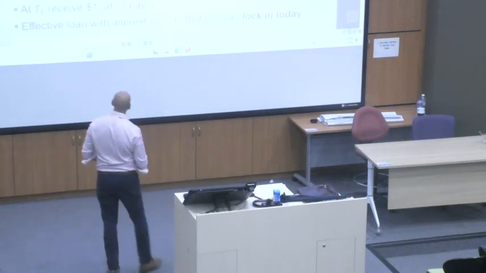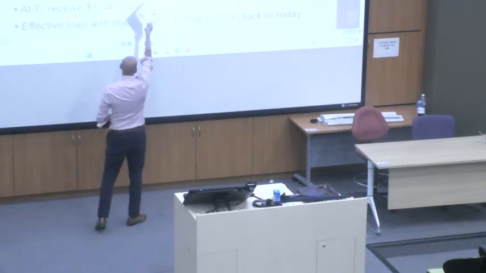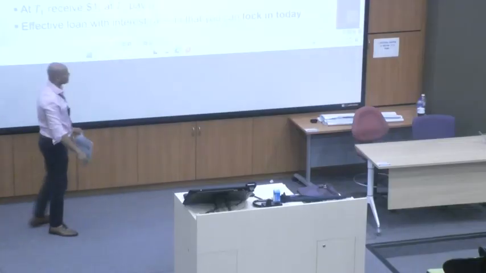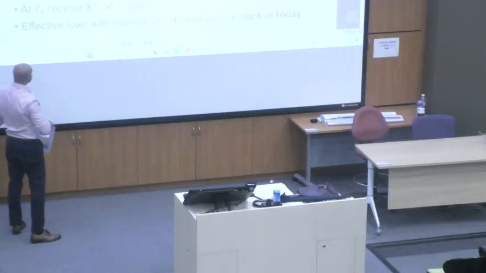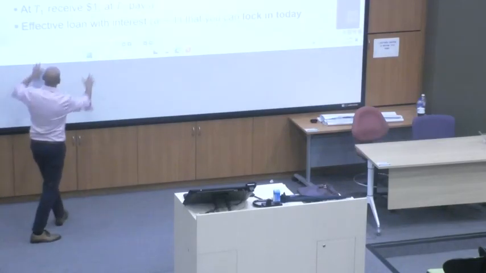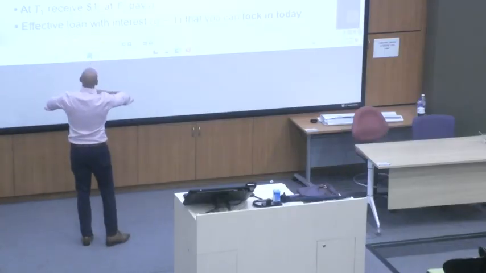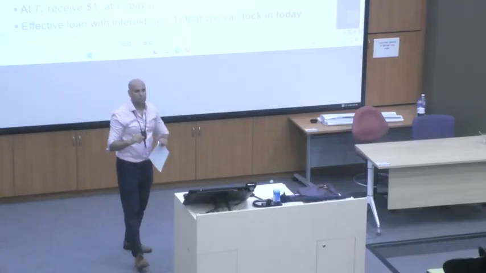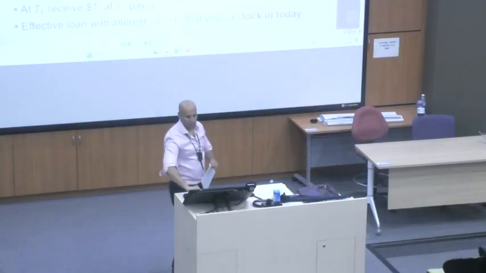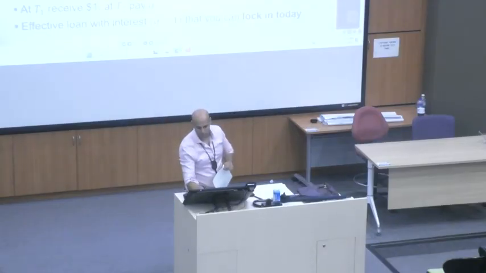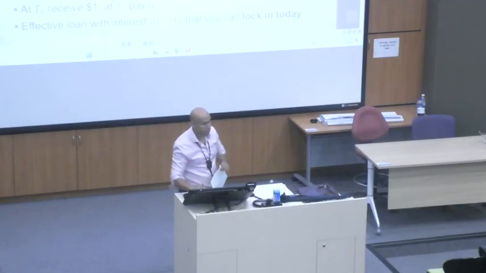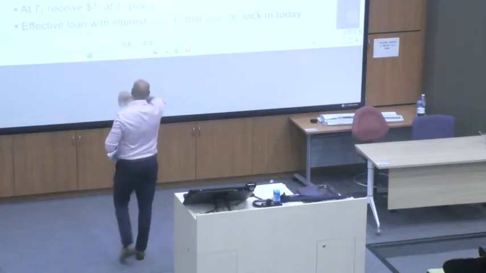Okay, forward rates. So for now, we continue to assume that this continuum of Z exists. We just have it. We can trade any of them. And we set up a portfolio of one bond of maturity T1 and alpha bonds of maturity T2.